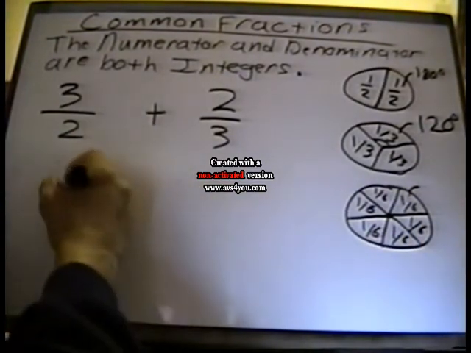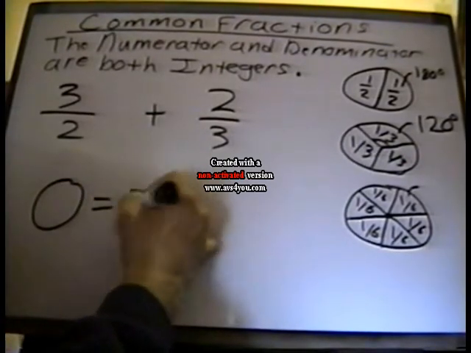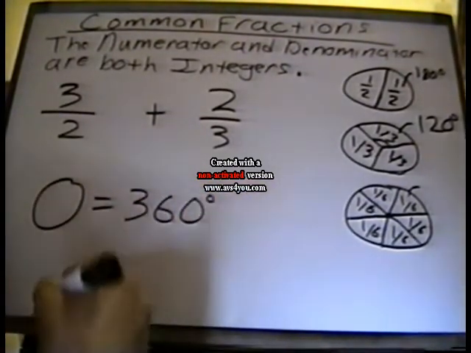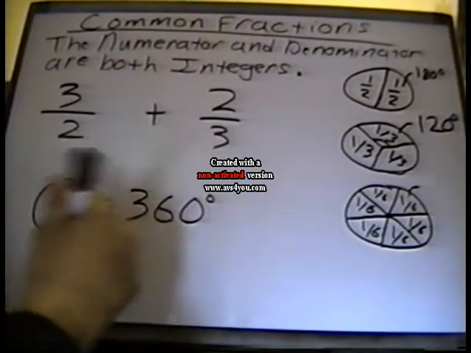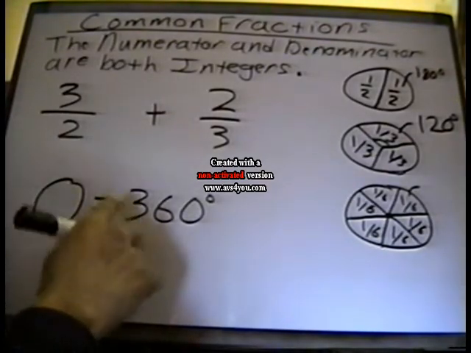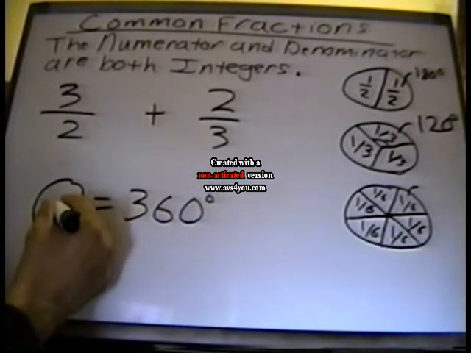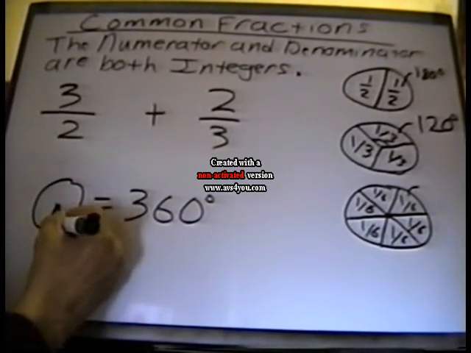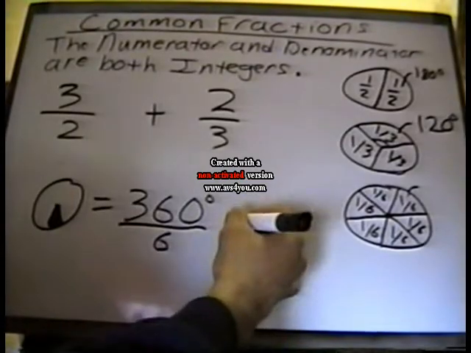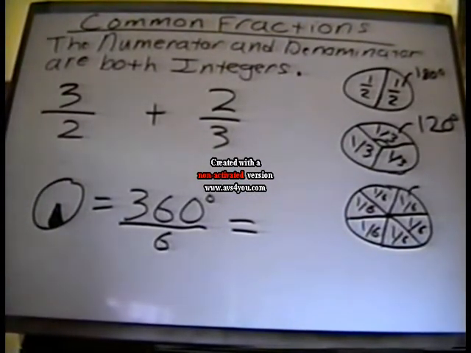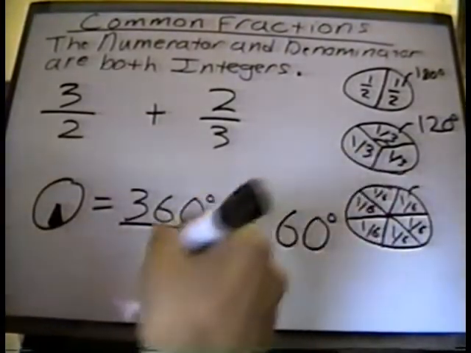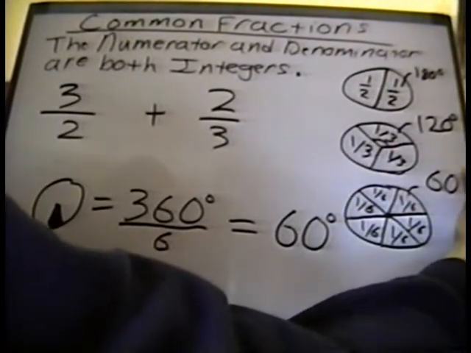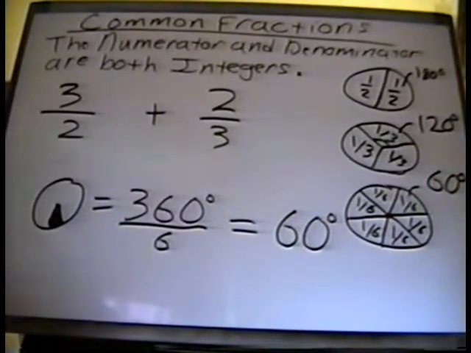Now, one circle, remember, represents 360 degrees. If we take a 360-degree circle and divide it into 6 parts, such as we did here, 360 divided by 6 is going to give you 60 degrees. One-sixth is represented by 60 degrees.